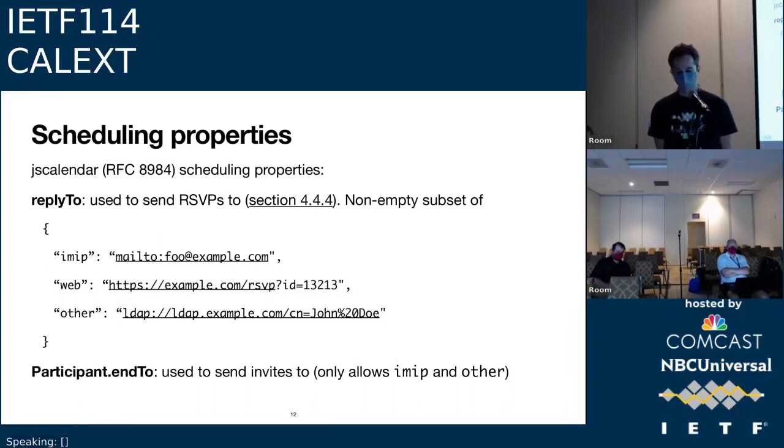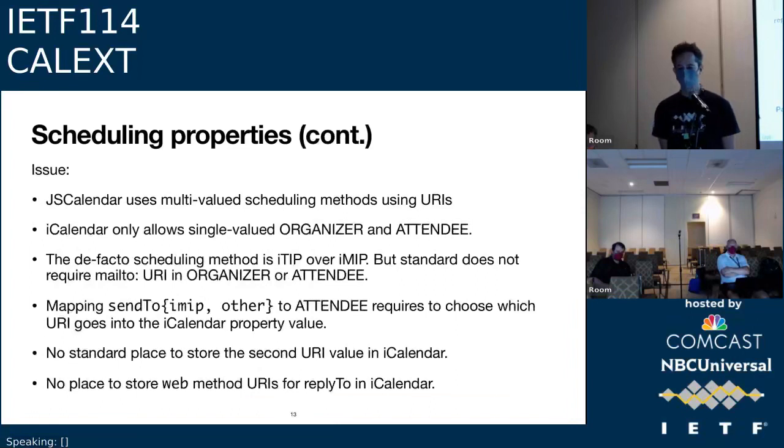Next slide, please. Now, the issue that came up during the conversion between iCalendar and JS Calendar was that, as we said, there is a multi-valued property in JS Calendar using various scheduling methods, but iCalendar really only allows one, which is a calendar address, aka a URI, almost always a mailto URI, but the spec does not require that, that you can put in the organizer or attendee properties in a calendar resource.